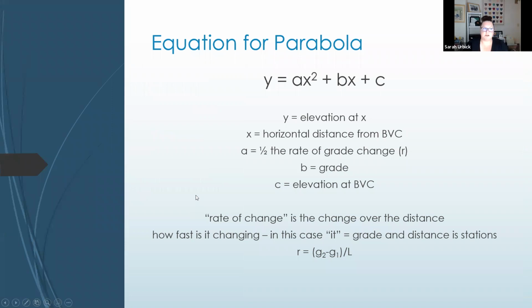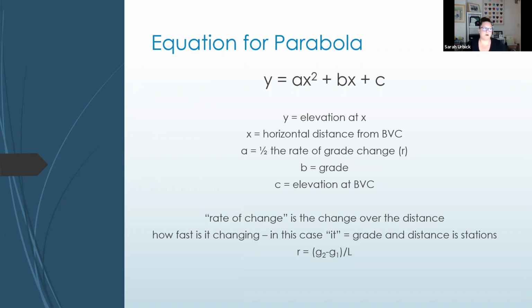Since we got into the equations for horizontal curves, we now 2 pi r squared, stuff we knew. Now we get the equation of a parabola. Again, I was really hoping I didn't have to see this ever again, but here it is, right?